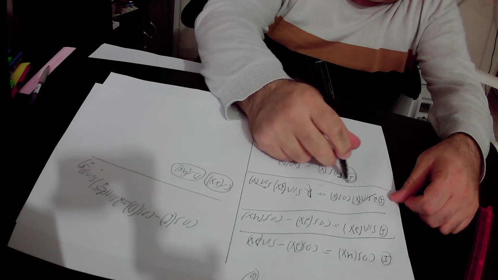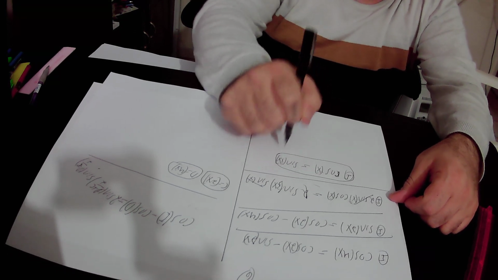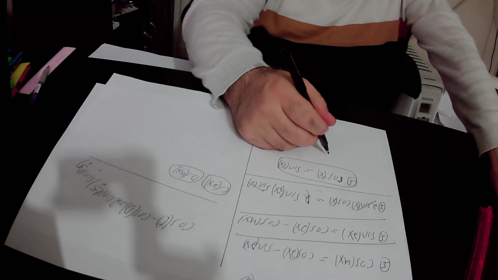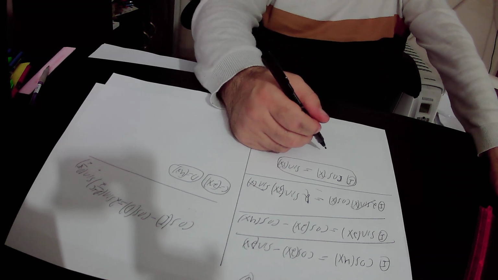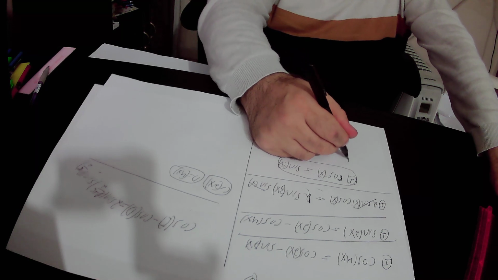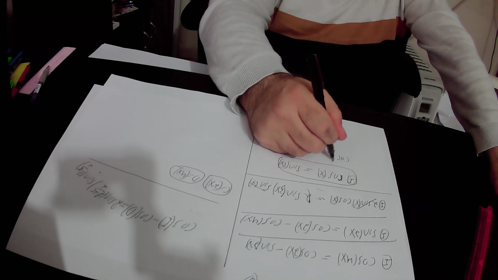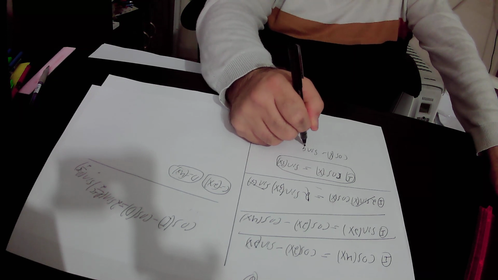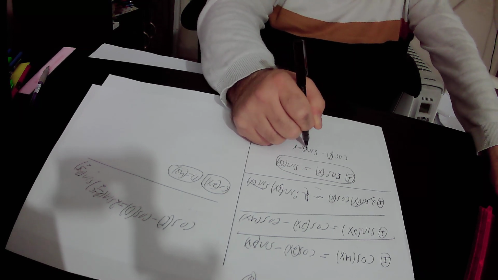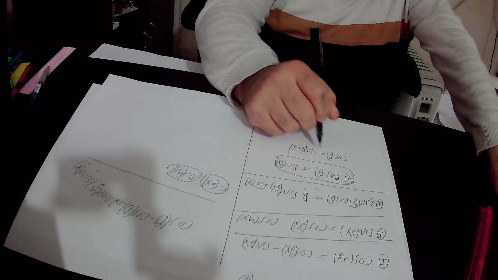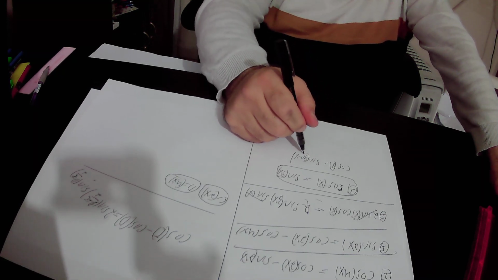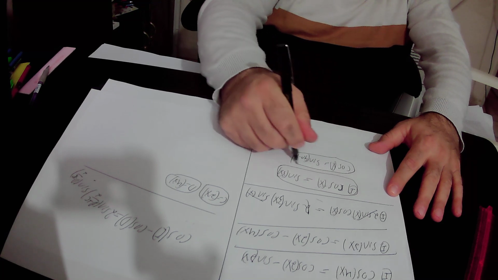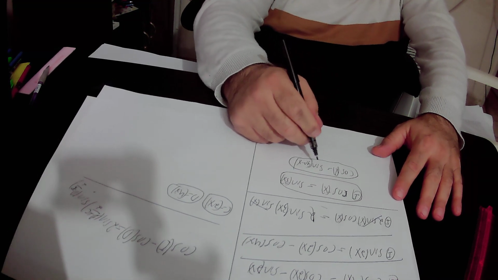Okay. But according to the trigonometric identity, cosine x equals sine of (90 degrees minus x), so we can substitute cosine x by sine of (90 degrees minus x), according to this trigonometric identity.